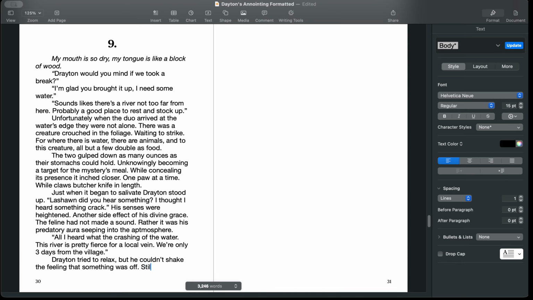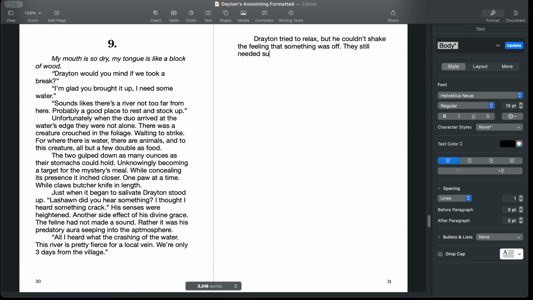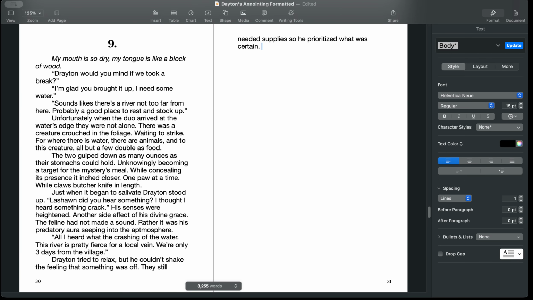Still, they still needed supplies. So he prioritized what was certain.